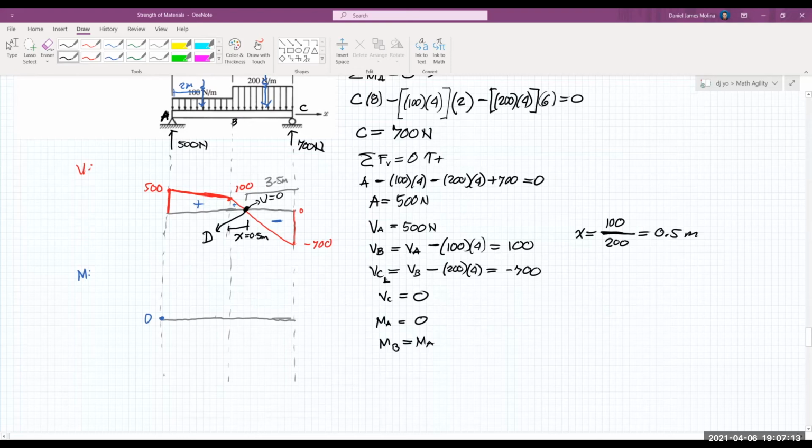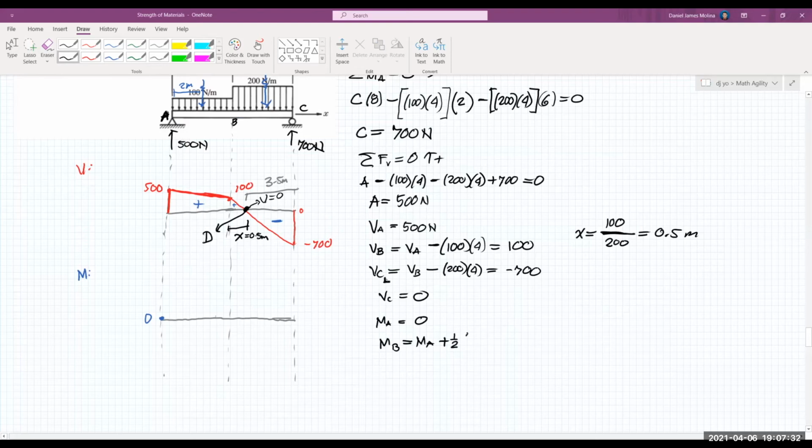So the moment at B is equal to the moment at A. Since along AB the shear is positive, we add the area of the shear diagram for us to determine the ordinates of the moment diagram. So moment at A plus the area of the shear diagram along AB.